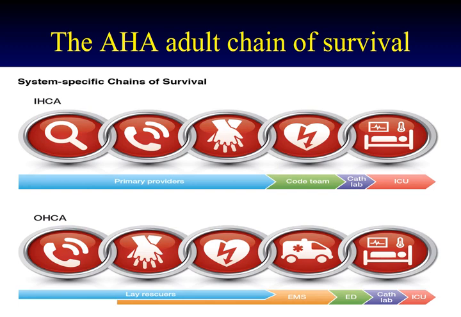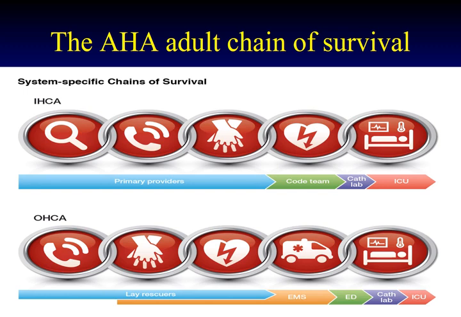The American Heart Association, AHA, adult chain of survival. Either inside hospital or outside hospital, you have to rapidly recognize the arrest, start high quality CPR as early as possible, use a defibrillator on arrival, and advanced life support and post-cardiac arrest care are important.